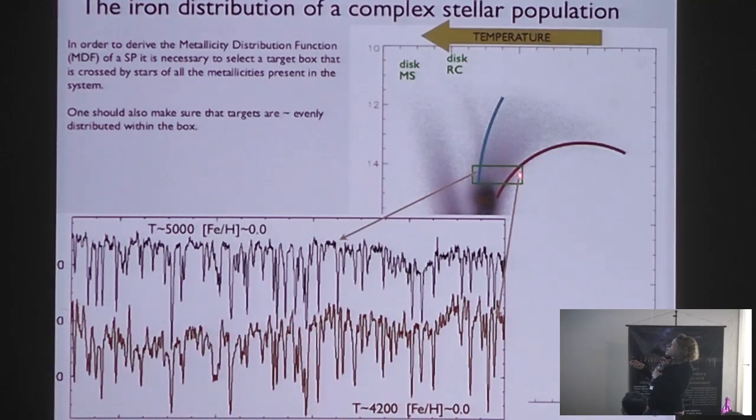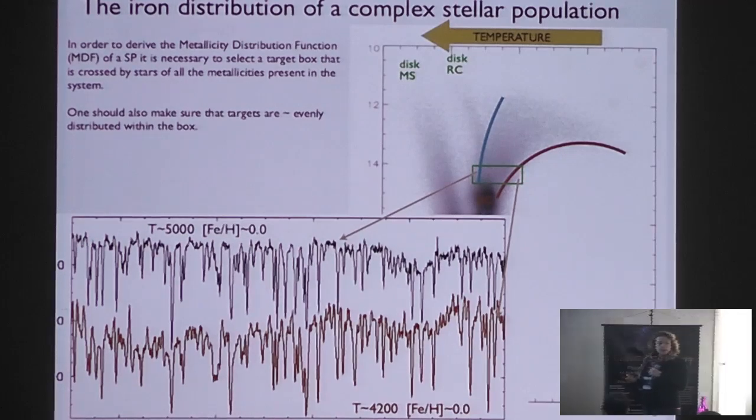But on the other side, this is a star that also has solar metallicity, but a temperature of 4,200 Kelvin, because it is on the red side, so it is a colder star. So you can see, and we discussed it a little bit yesterday, cold stars have molecules in their atmosphere.